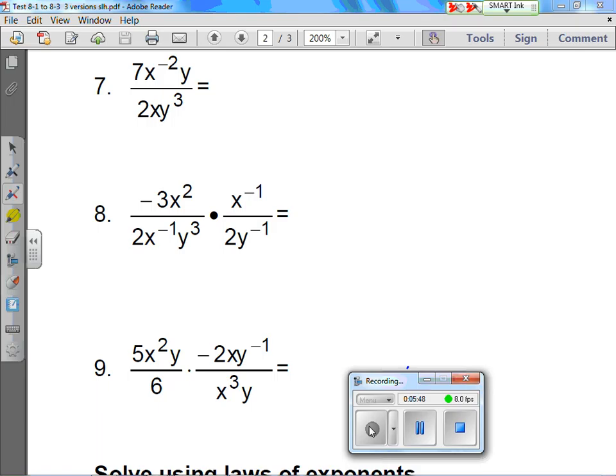Number 7. There are different ways that you can go about doing these types of problems.